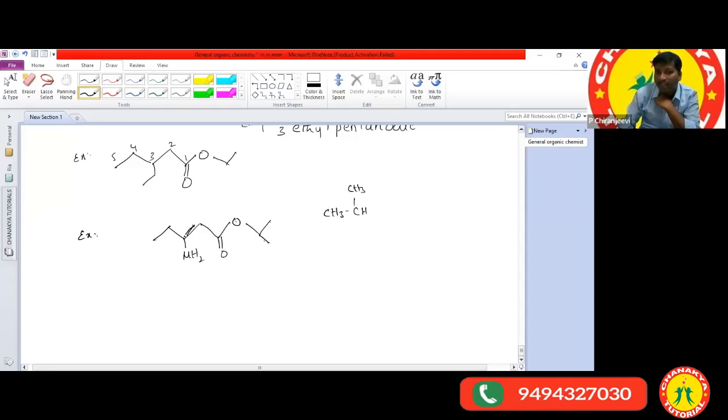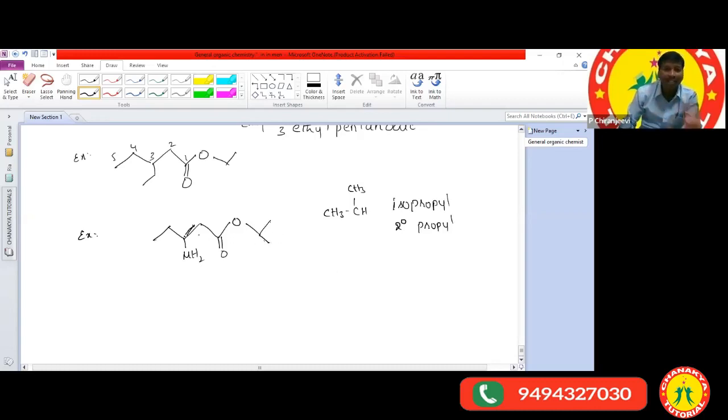This part is attached to the ether functional group. This part we can call isopropyl, or we can also call it secondary propyl. So this is the alkyl group name.